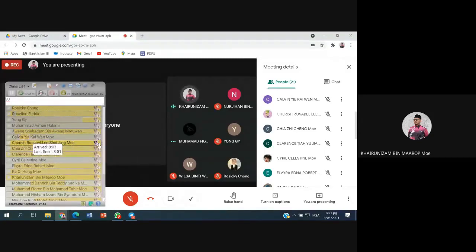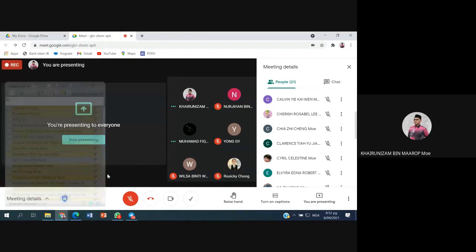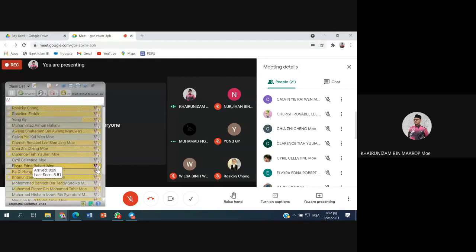Kelvin pun macam sudah hilang. Cheris, Chia Zimeng, Chia Zicheng. Clarence, Cyril pun masuk tak masuk je ni. Elvira, Kaki Hong, Dan Rich pun hilang sudah.